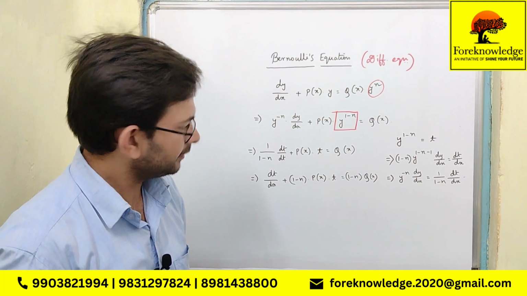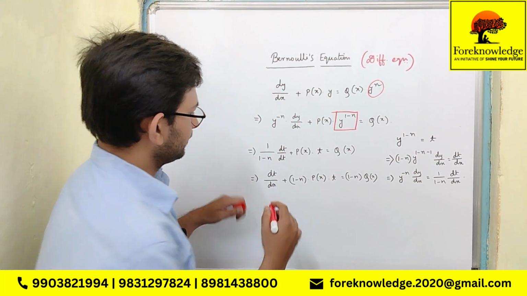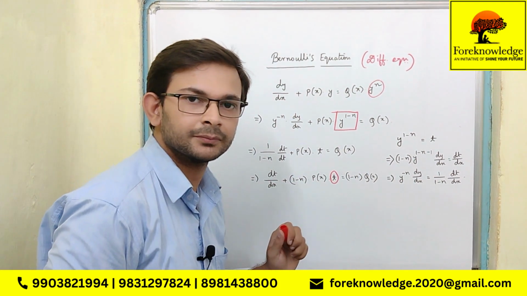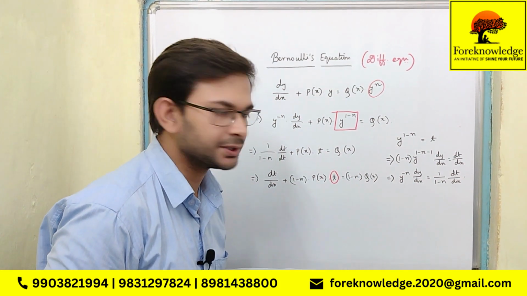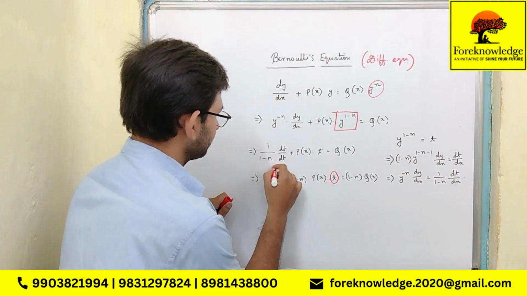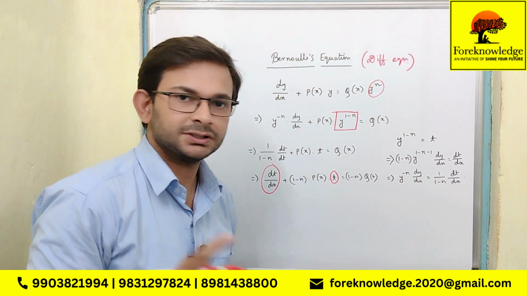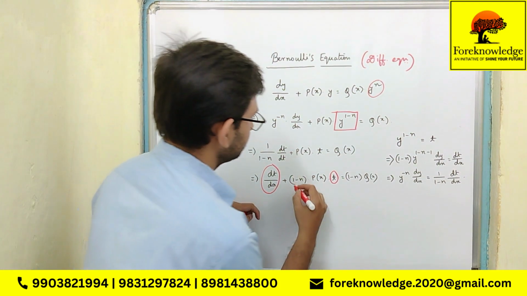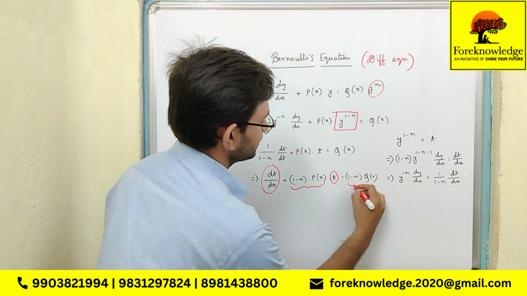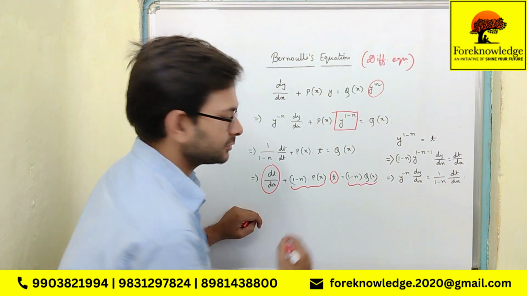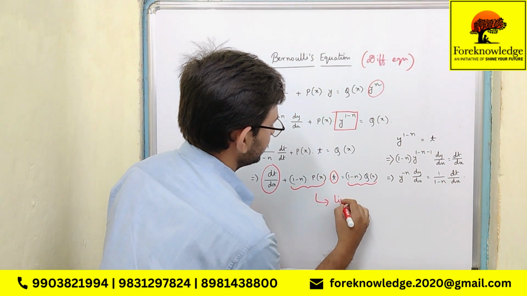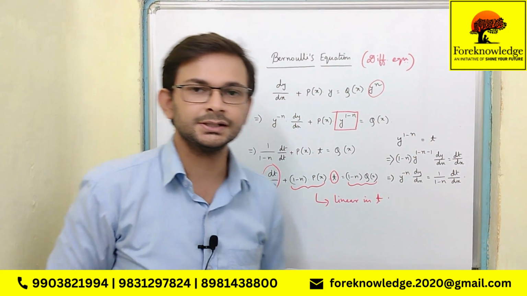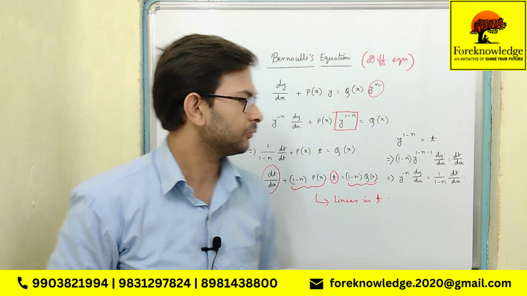Now look, only a single linear term is present for the unknown variable and just the first order derivative for the unknown variable. The rest of the terms are functions of x. So this is nothing but linear in t, and now we can easily solve the problem.